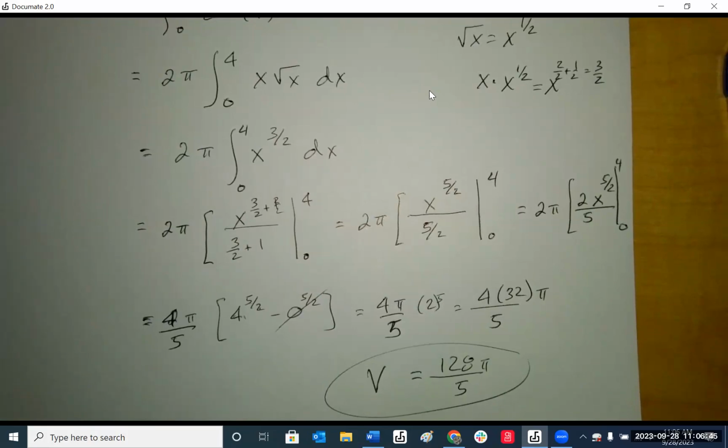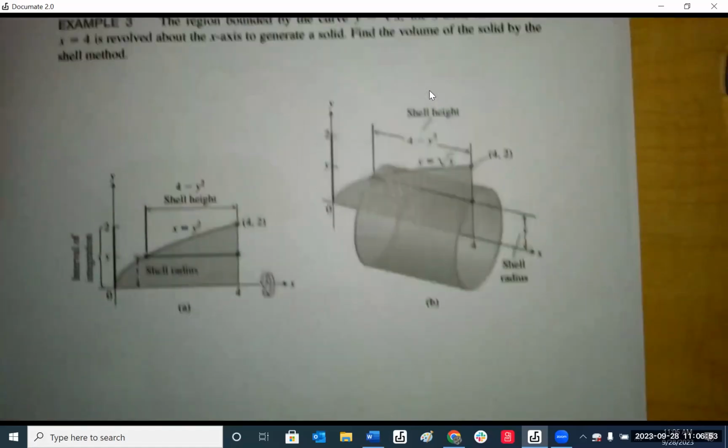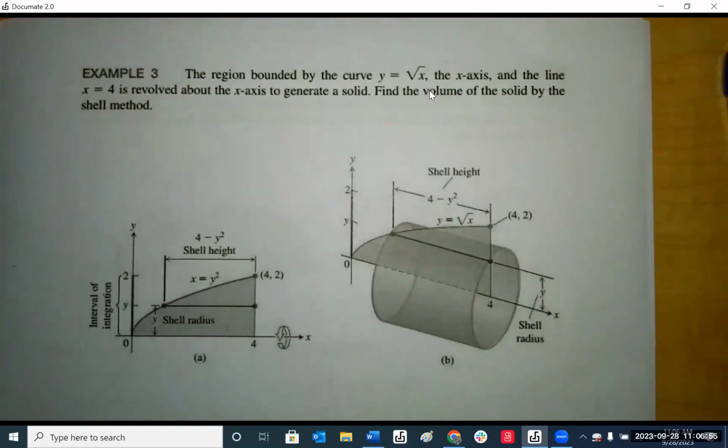We use the same information, same question, but now we're going to do it with respect to the y-axis.